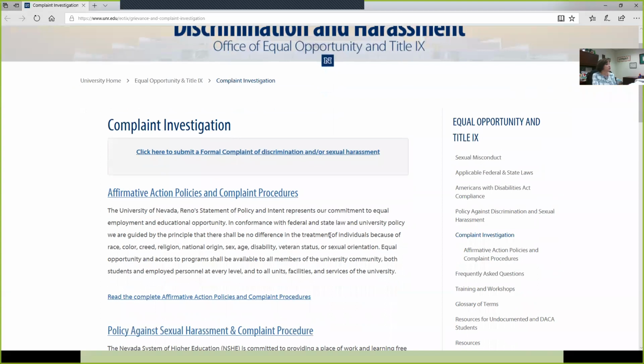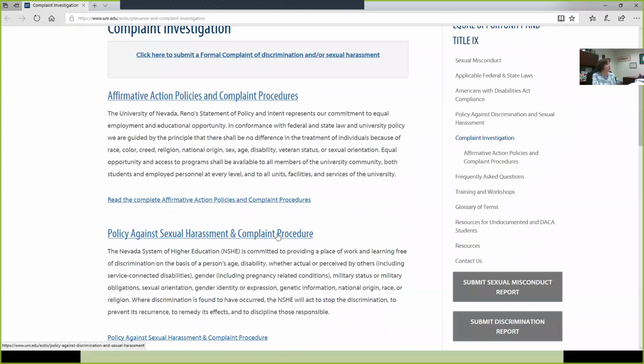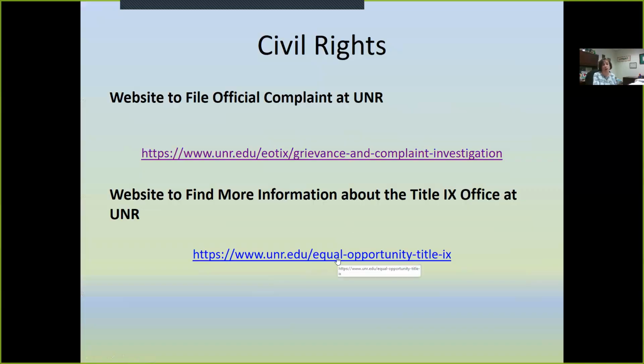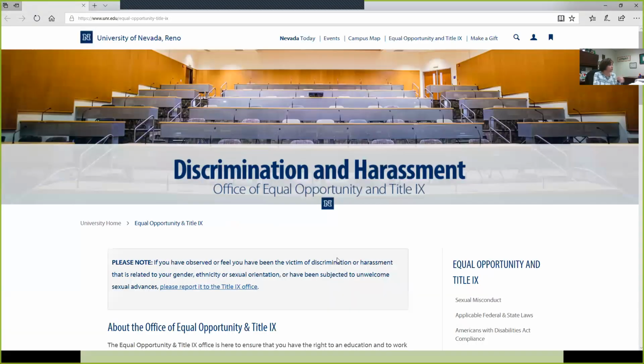Then it gives you your procedures. And then right here is the policy against sexual harassment. I'm actually going to go back. This is the website. If you want more information about this, here is the discrimination and harassment website.